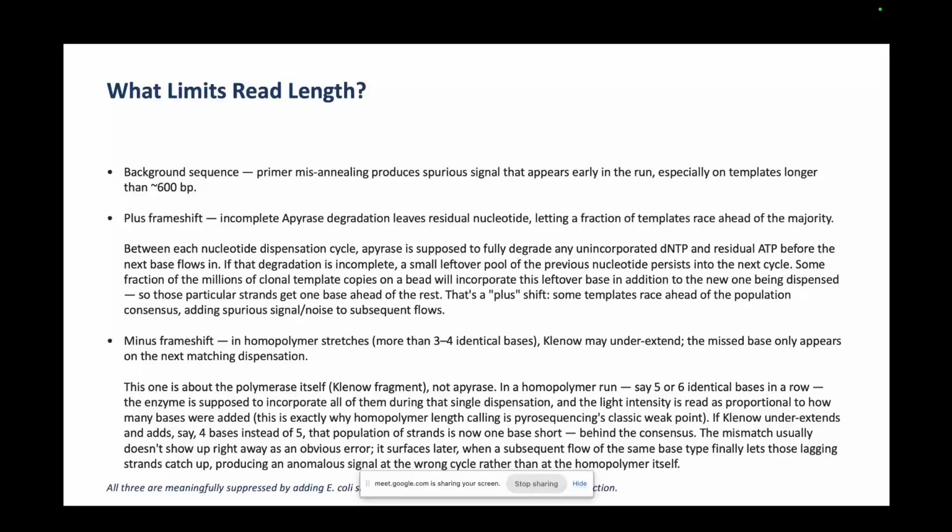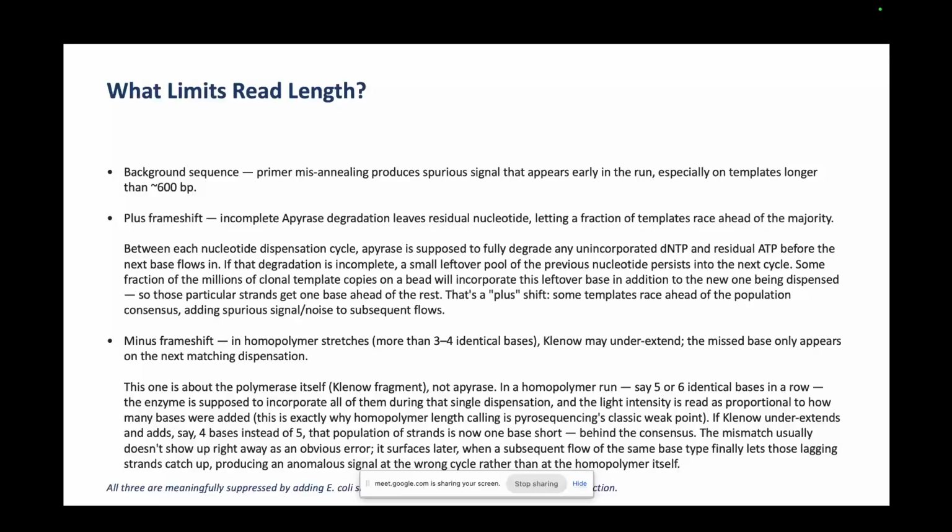Here it's basically spurious signals can be generated at around 600 base pairs, right? So there are two more types of errors that get incorporated when the read length exceeds a certain limit. First is the plus frame shift, and the second is the minus frame shift.